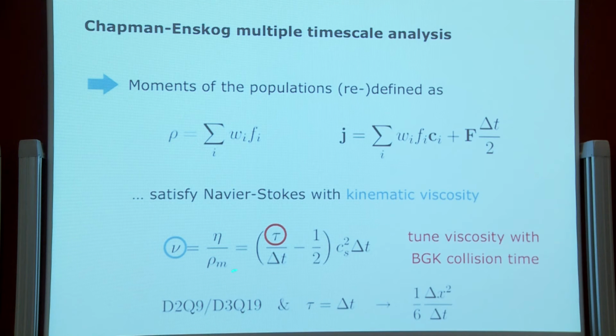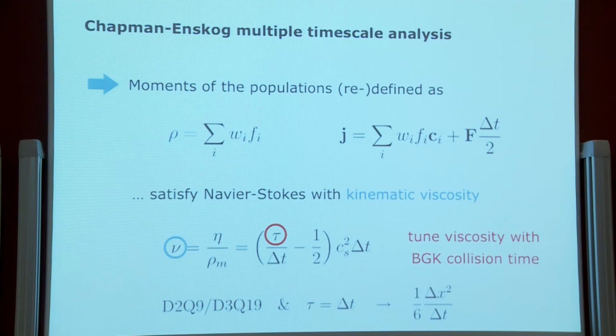also using these two very standard lattices, because then this one is equal to 1/3 in lattice speed units. Then the kinematic viscosity in lattice units will be 1/6 times the units for a diffusion coefficient, delta x squared over delta t.